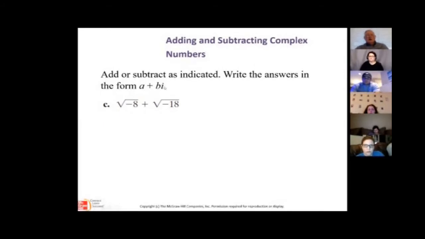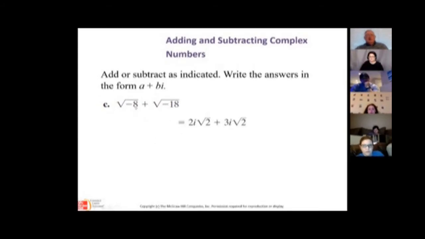Here, we don't start off in the imaginary form, but we've got negative square roots, which will cause us to have imaginary numbers. Okay, this is going to be -1 times 4 times 2, and this will be -1 times 9 times 2.